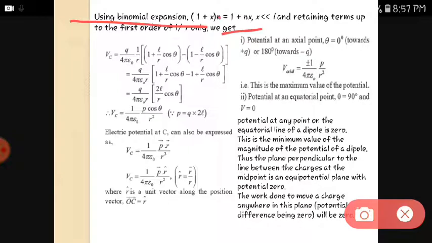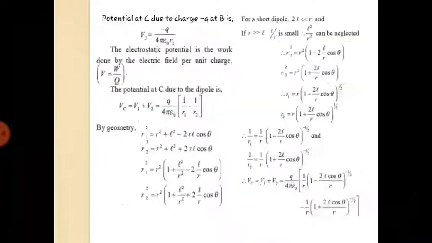Now by using that relation, we are going to do Vc is equal to q by 4 pi epsilon 0, as 1 by r is also a common term. So by taking out, we are getting 1 plus L by r cos theta. How 1 plus L by r? Here, what is that? 2L. By binomial theorem, this minus half will get multiplied over here.